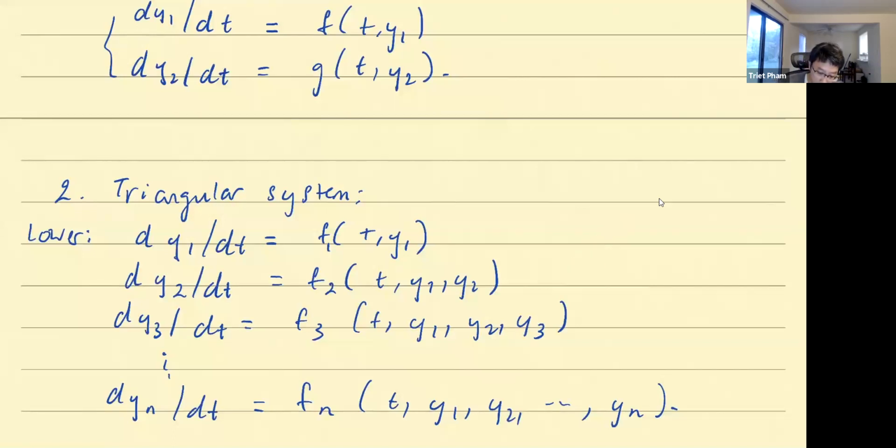And second, do you know how to solve it? At least in theory, not that you'd be able to solve it in all cases, but what is the meaning of this system and how do you solve it?